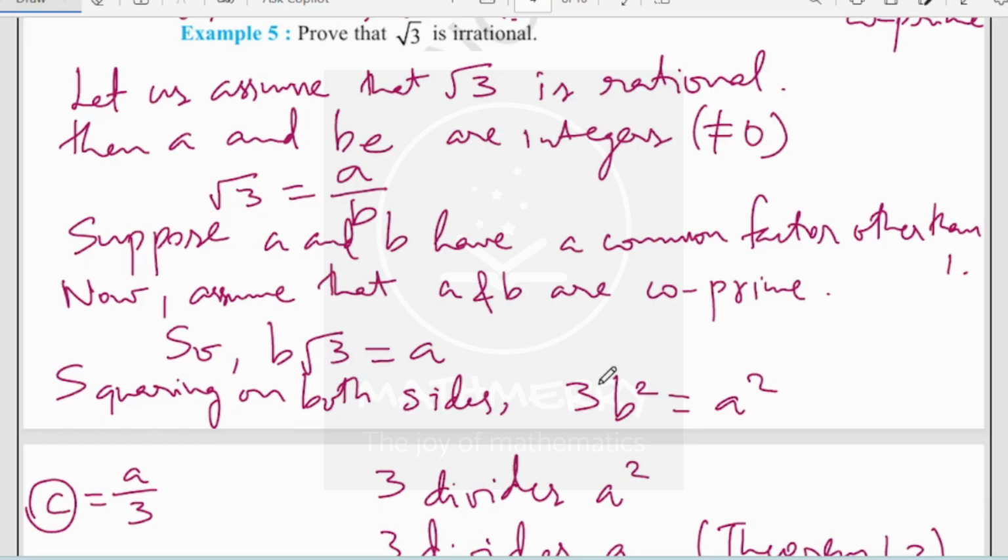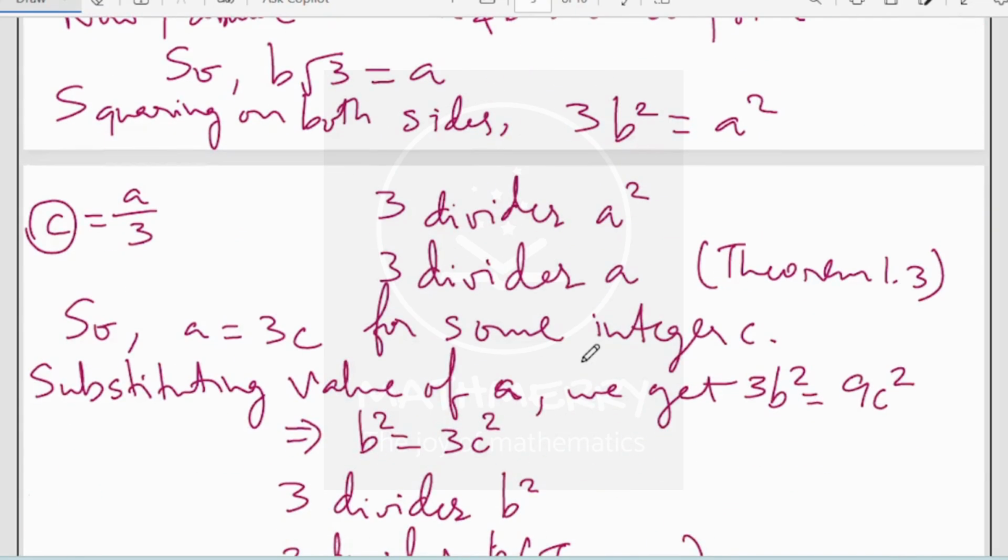Next, we assume a and b are co-prime. If they have any common factors, we divide them out and make them co-prime. So we get b root 3 is equal to a. Now we square them and we get 3b square is equal to a square. Then 3 divides a square and then 3 divides a by theorem.